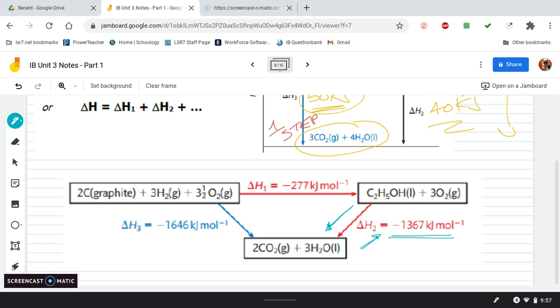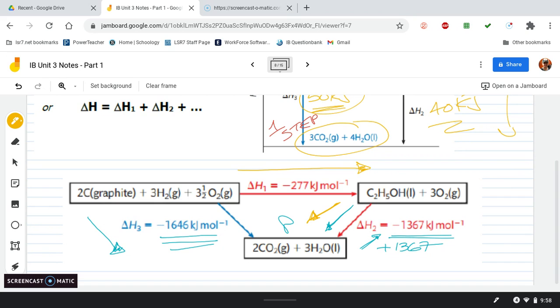So if I go this way, suddenly it's plus 1367. And then if we want to make this the product here, I could go here like that, one step, so negative 1646. Or I could do 2 steps, and I could go this direction. I could go to this chemical first, and then slide down this way. Okay, so then I would just follow the arrows.